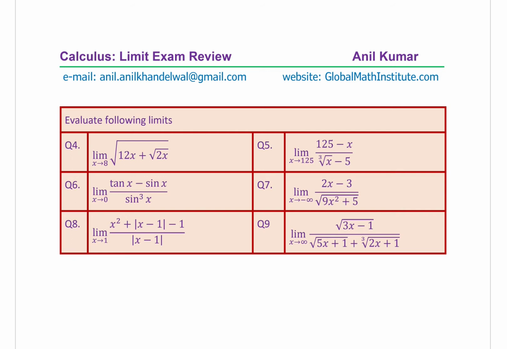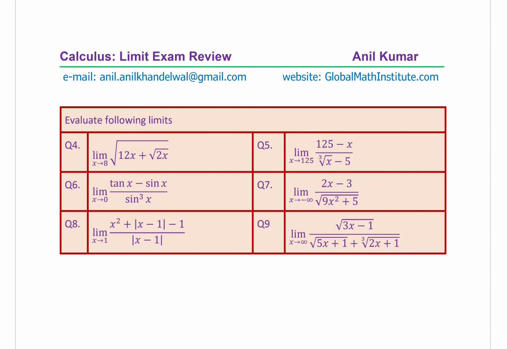Question number 4 here is to find the limit when x approaches 8 for square root of 12x plus square root of 2x. Question 5. Limit as x approaches 125 of 125 minus x over cube root of x minus 5. Question number 6. Limit of tan x minus sin x over sin cubed x when x approaches 0.